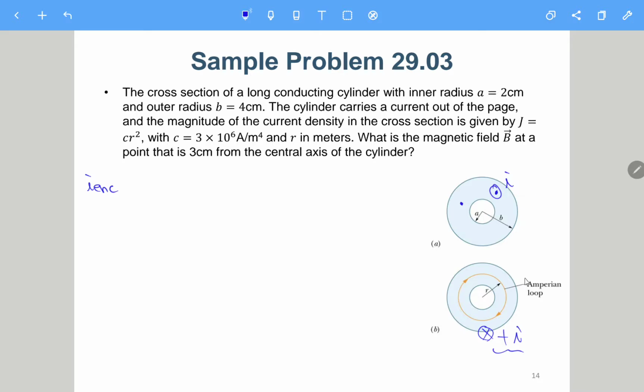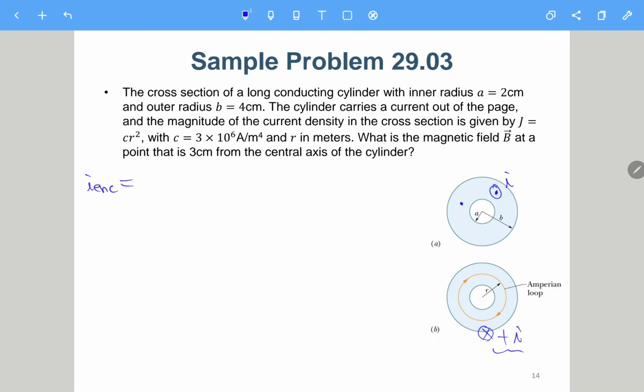If you don't believe it, you can repeat the whole procedure with the Ampere's loop defined as counterclockwise, and you get the same expression. So don't worry about which direction you define the Ampere's loop.